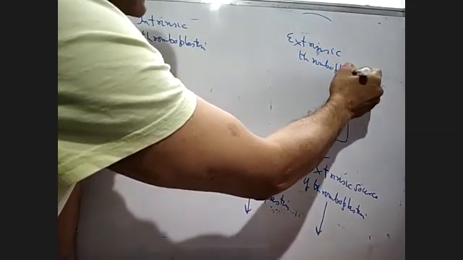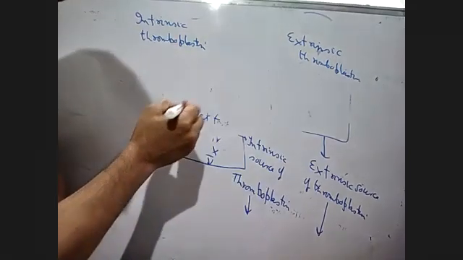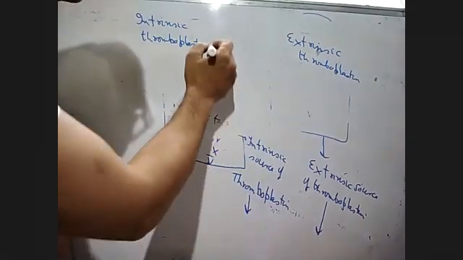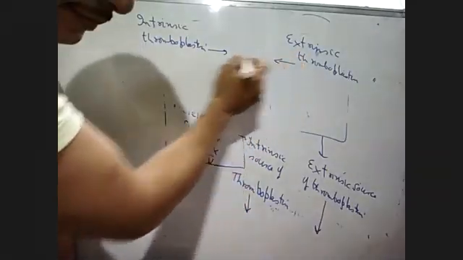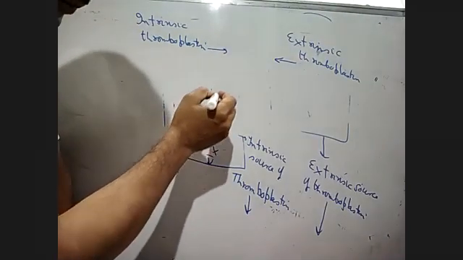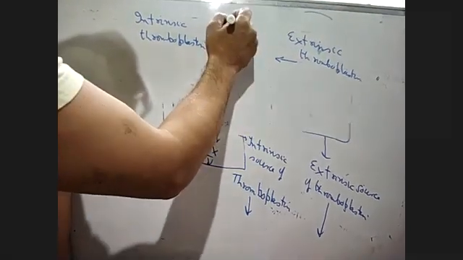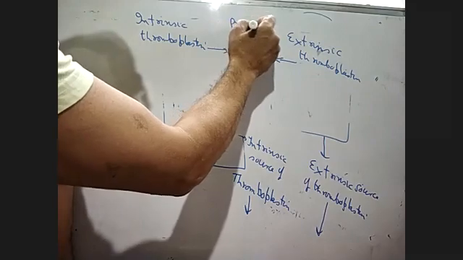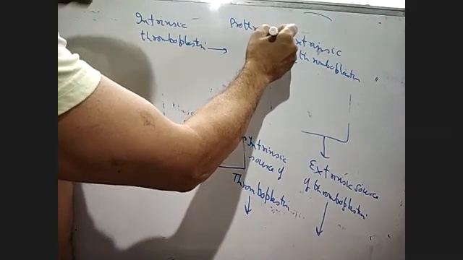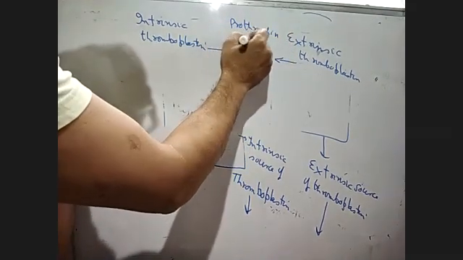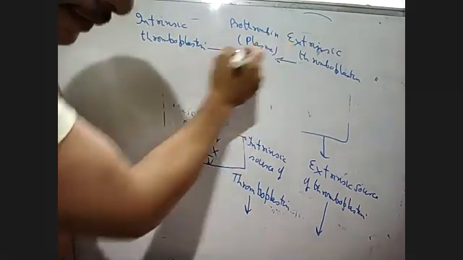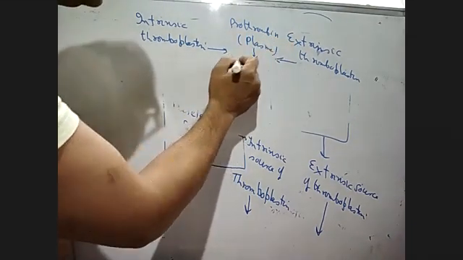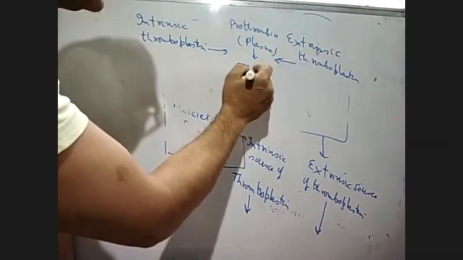Thromboplastin is converted into prothrombin, and prothrombin of the plasma is converted into thrombin.